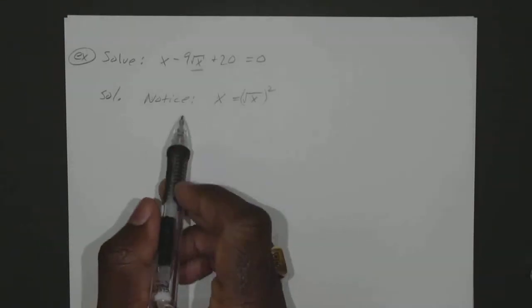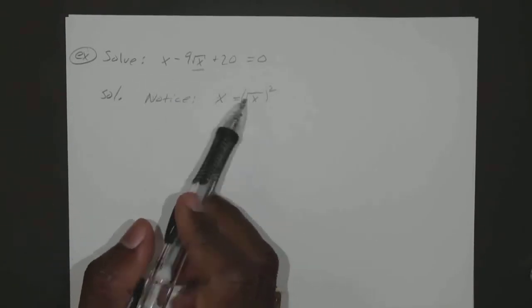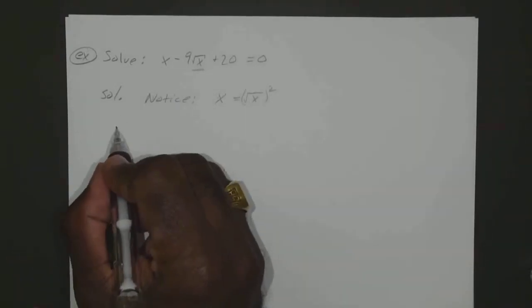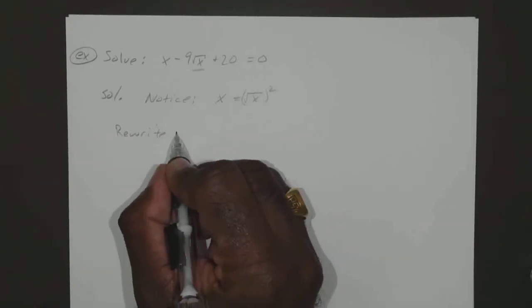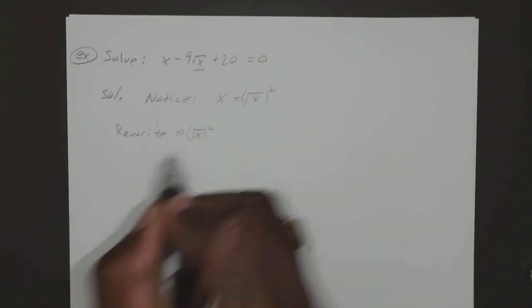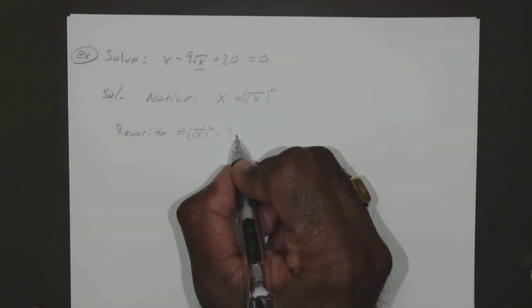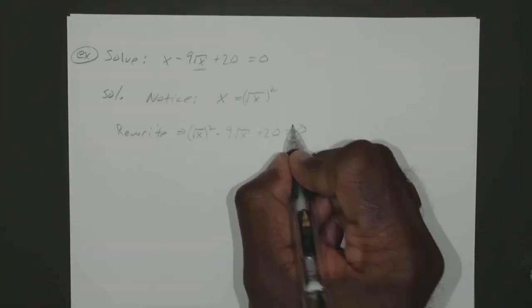Alright, so for this one, we figured out that our x is square root of x squared. So we just rewrite it: square root of x squared minus 9 square root of x plus 20 equals 0.